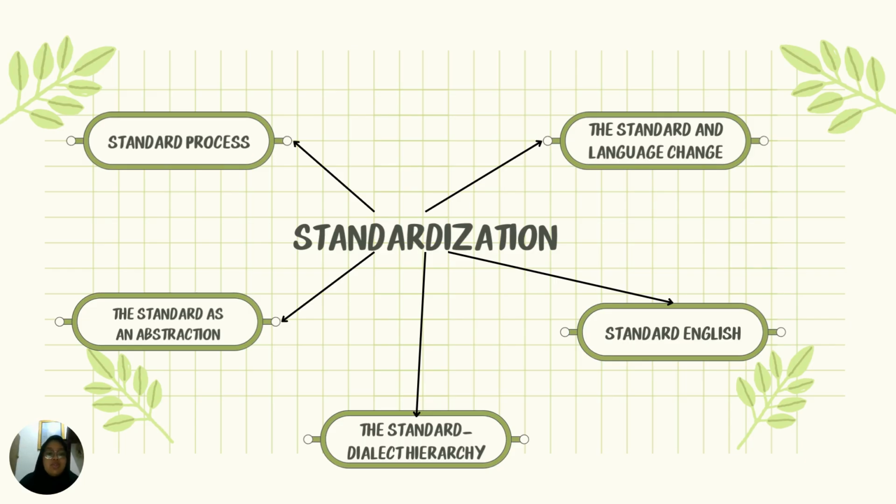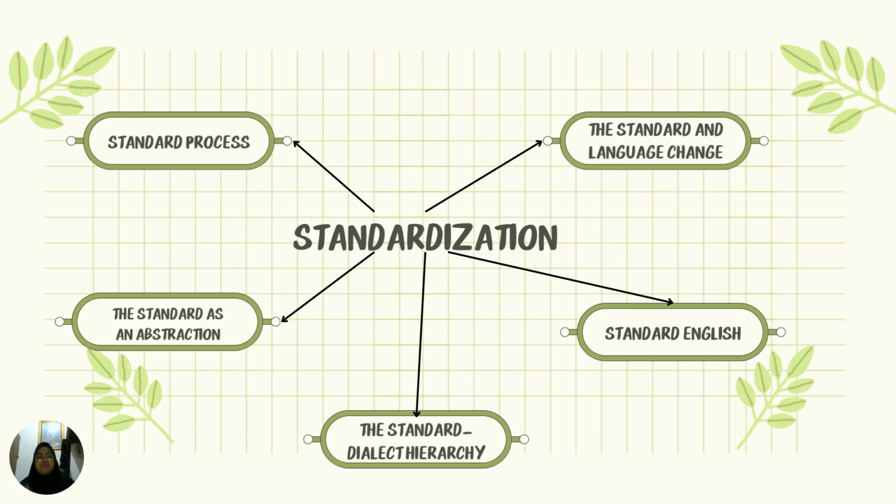The next one, we want to talk about standardization. Standardization refers to the process by which a language has been codified in some way. That process usually involves the development of such things as grammars, spelling books, and dictionaries, and possibly a literature.